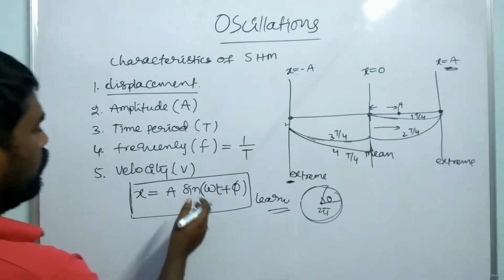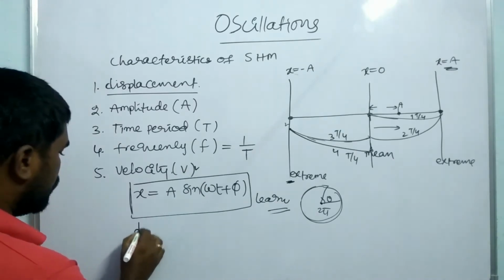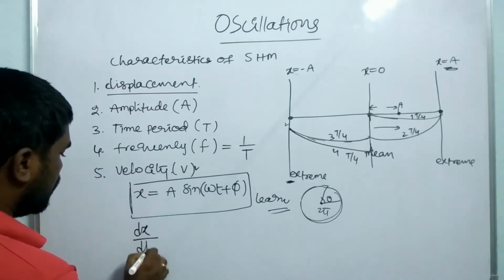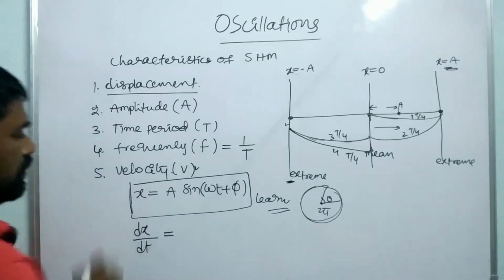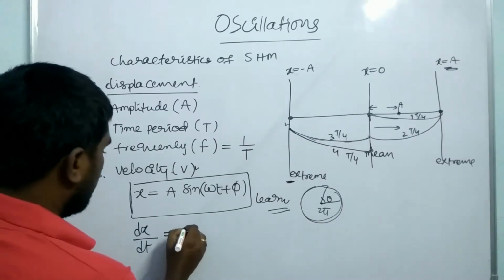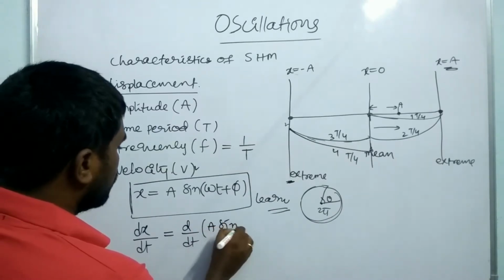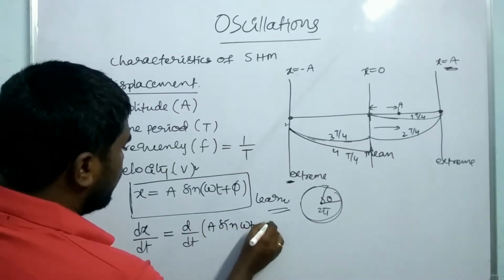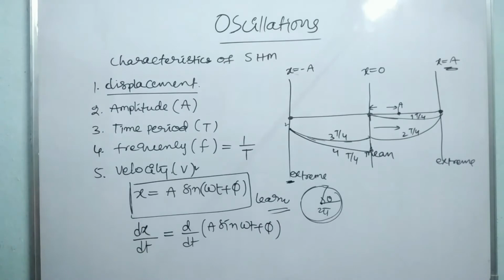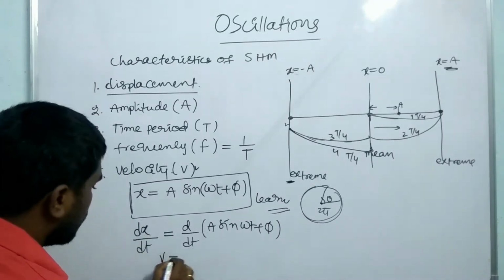To find the velocity, we just differentiate the equation on both sides with respect to time. So it is d by dt of A sin(omega t plus phi). dx by dt gives us the velocity.